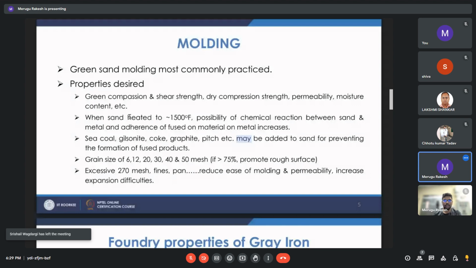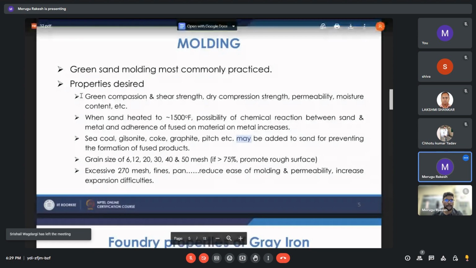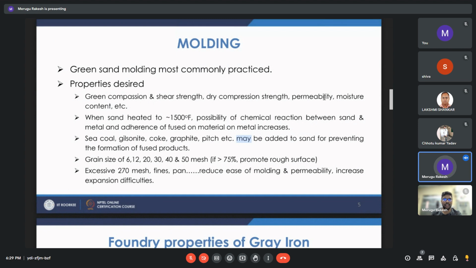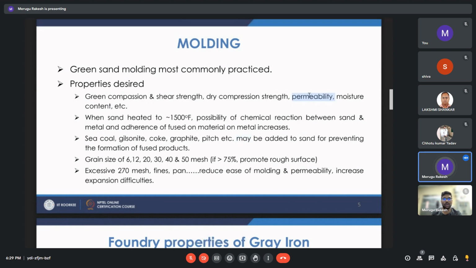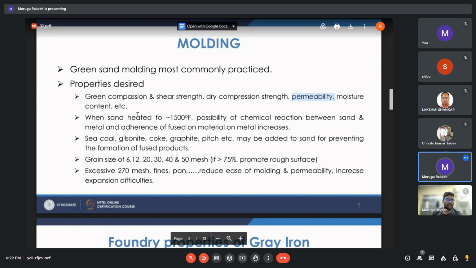For molding of gray cast iron, we popularly use green sand. The properties designed for green sand include good shear strength, dry compression strength, and permeability. Permeability is one of the important factors to avoid gas porosity inside the castings.